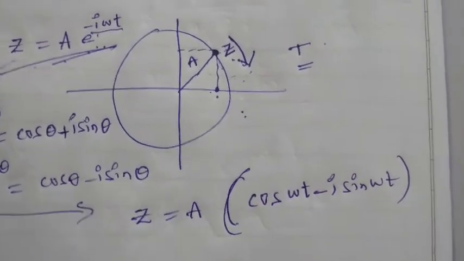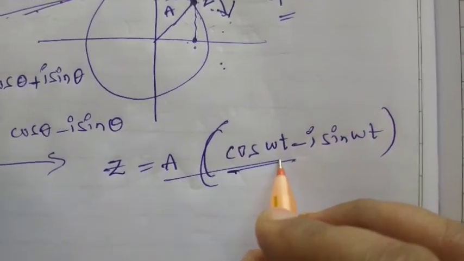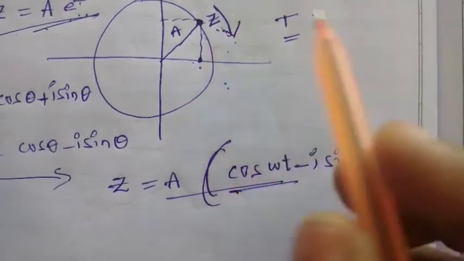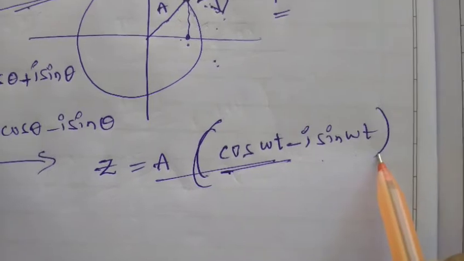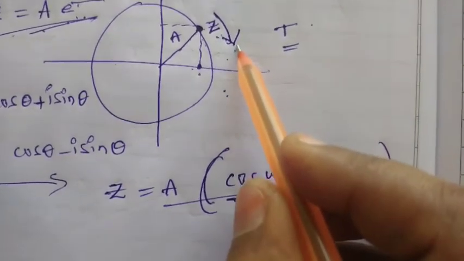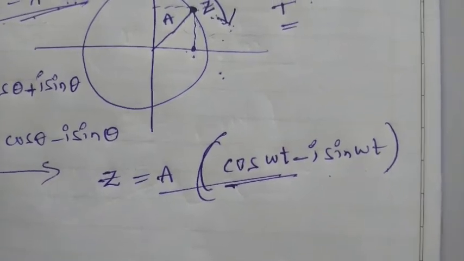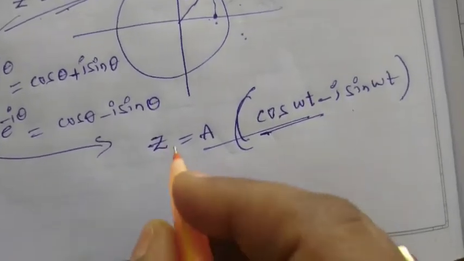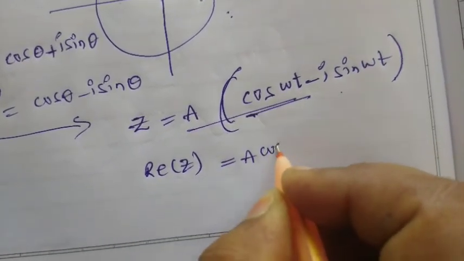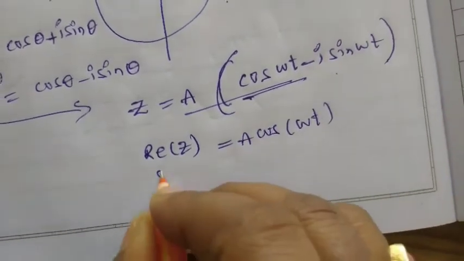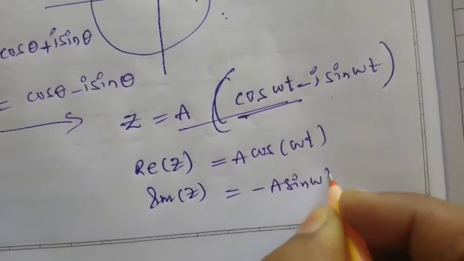Here a cos omega t is the real part of the complex number z, and minus a sin omega t is the imaginary part of the complex number moving clockwise on a circle. So Re of z equals a cos omega t, and Im of z equals minus a sin omega t.